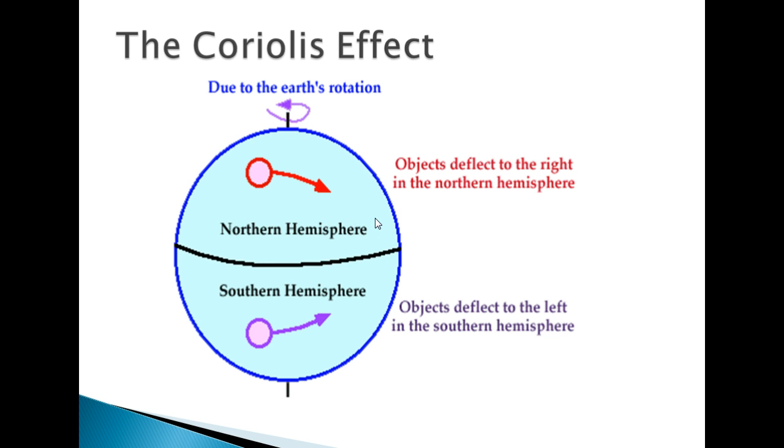So when they flight plan, pilots have to submit a flight plan that takes the Coriolis effect into their flight plan so that they get where they need to be because of this rotation effect. So that's the Coriolis effect.